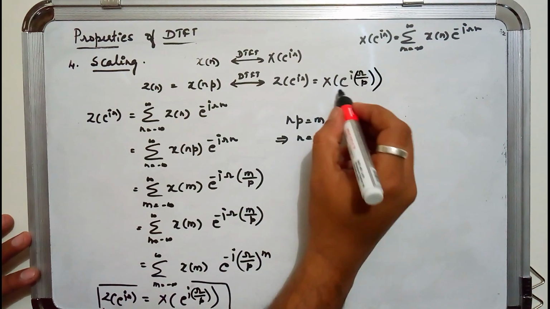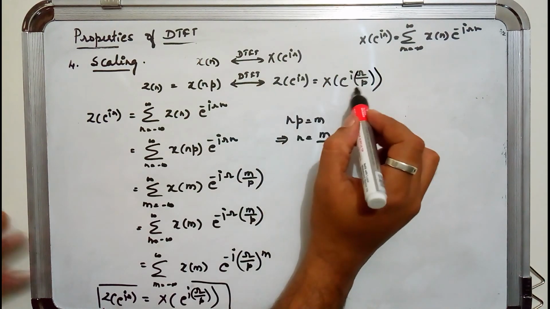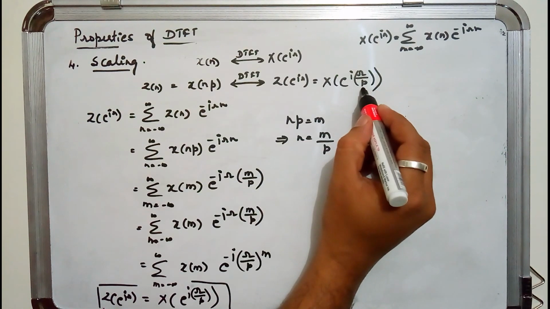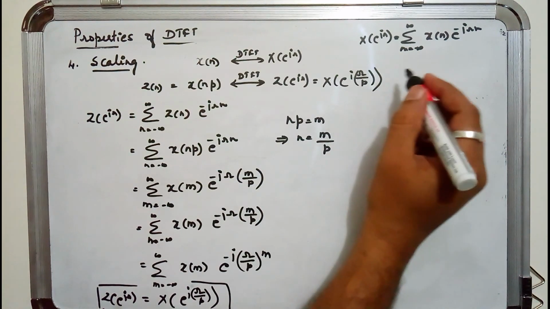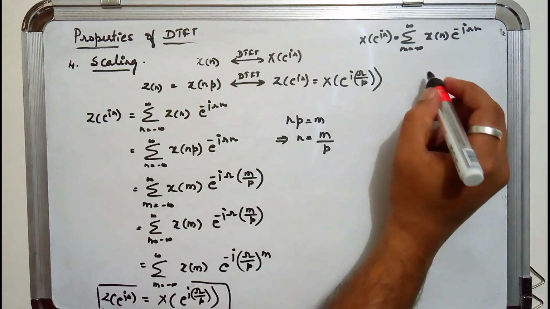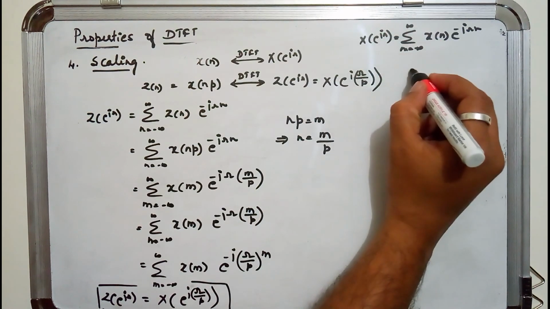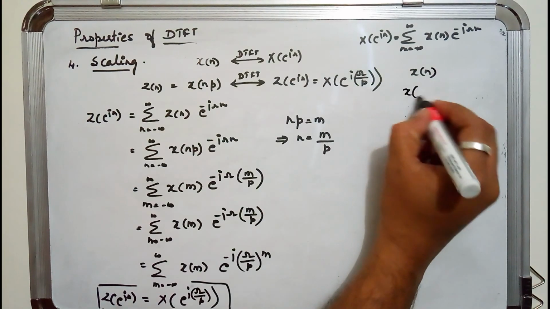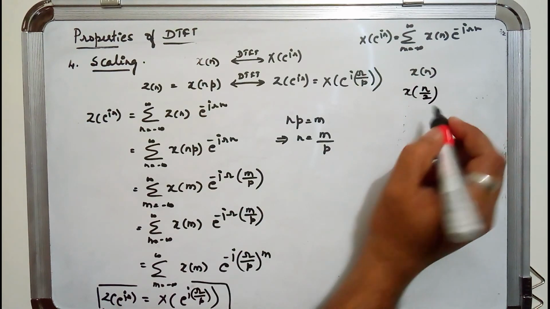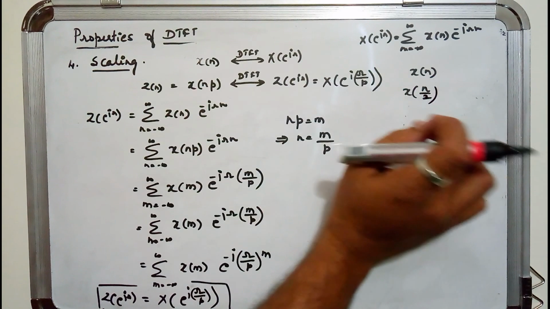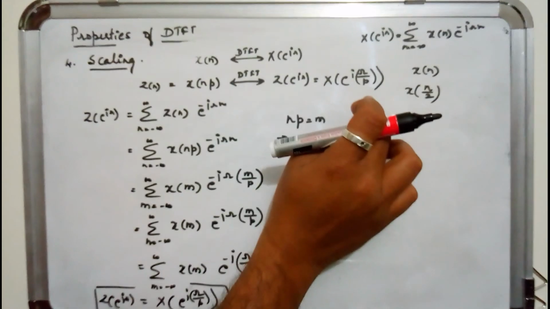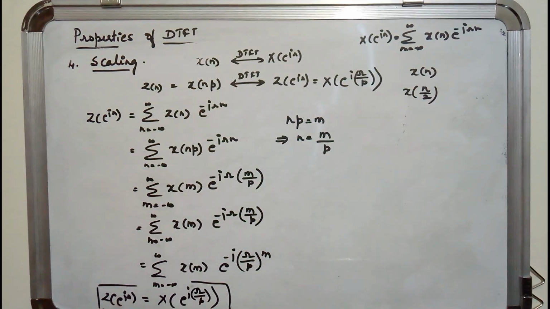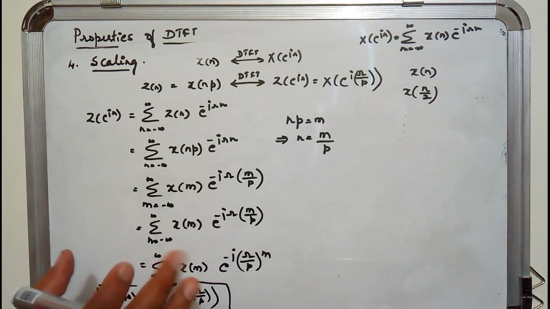So my x of e power j omega spectrum will get expanded by a factor p. This expansion we have already seen in the very first videos, wherein if you are given x of n and asked to find x of n by 2, you get an expanded version of x of n. So here also omega is replaced by omega by p, that means you get an expanded version of your DTFT spectrum.